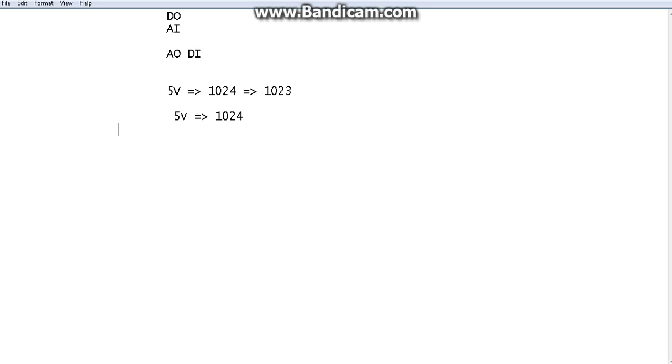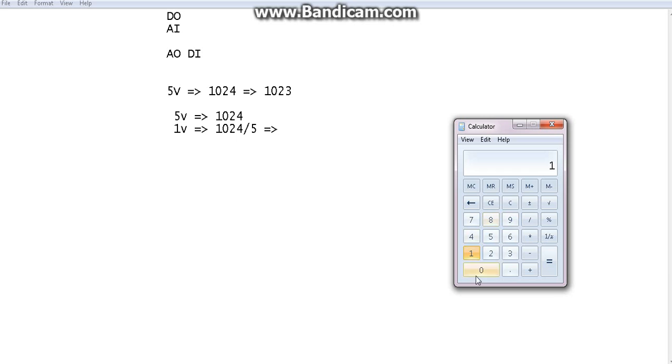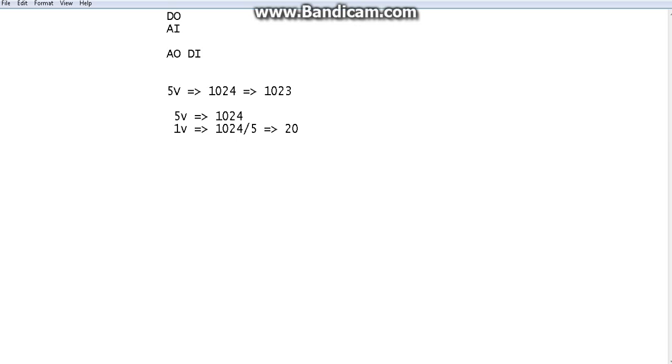In case your sensor is giving 1 volt, how many units will it be? You have to divide 1024 by 5. The serial monitor value will be 1024 by 5, which is 204.8. And you will have to subtract 1, so it may be somewhere near 203.8.